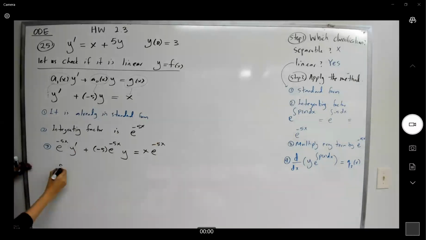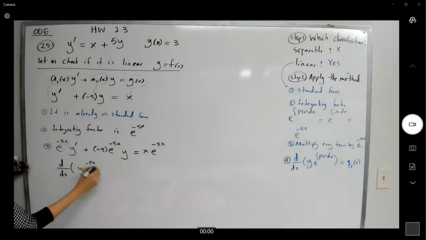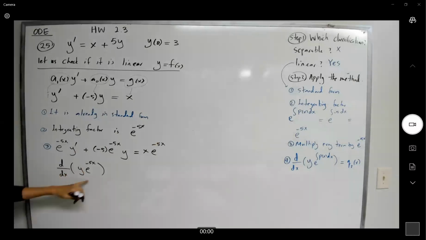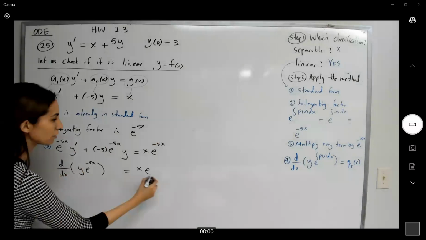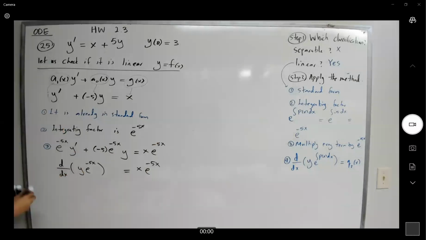So on the left hand side, we have the expanded form of the product rule of y e to the power negative 5x, and on the right hand side, just copy down whatever is there. This is your step 4.